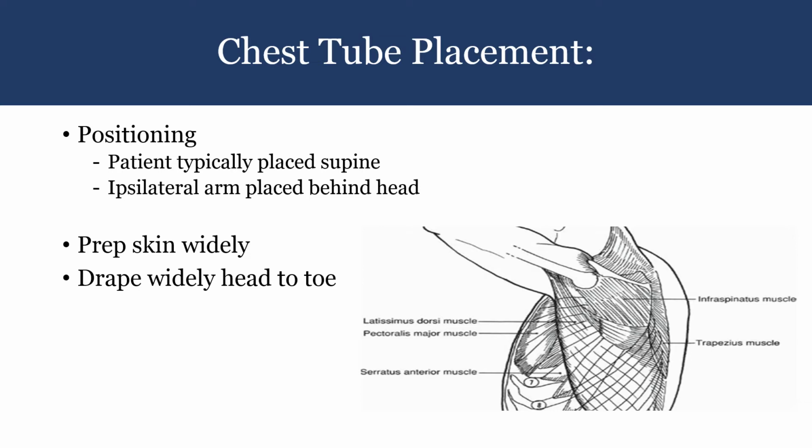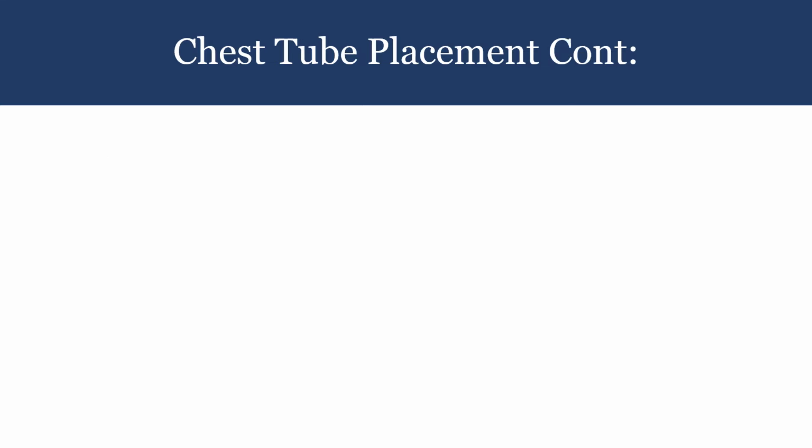That is our triangle of safety, where you can safely insert a chest tube, but we prefer to put it either in the 6th or the 5th intercostal space in this event where you might think you might have a combination of hemo and pneumothorax. So that is the preferred.